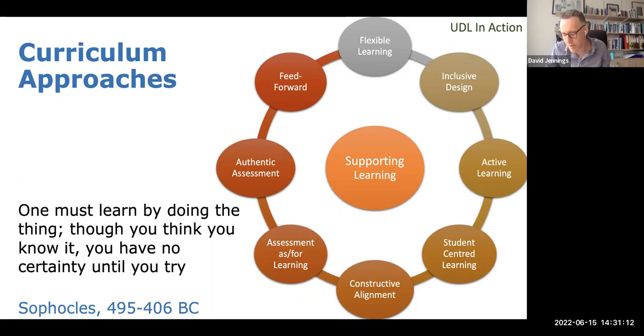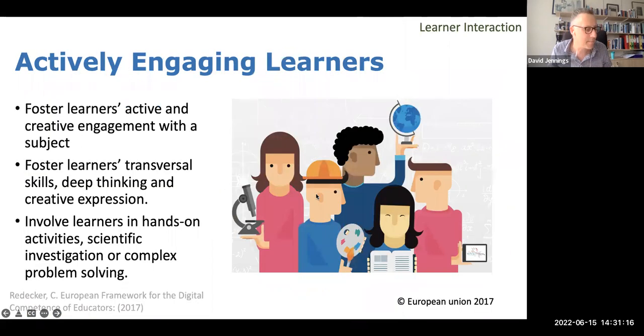Where I'm going with that is that the key piece is how exactly we wish to engage our learners. Of course, we have to provide multiple modes and multiple means of opportunity for them to participate.